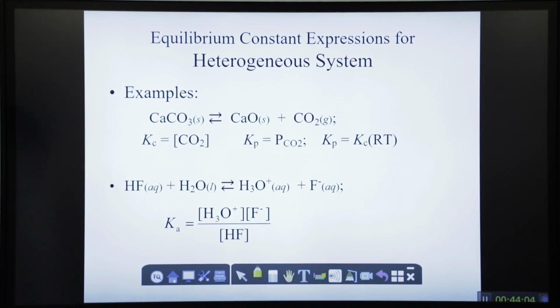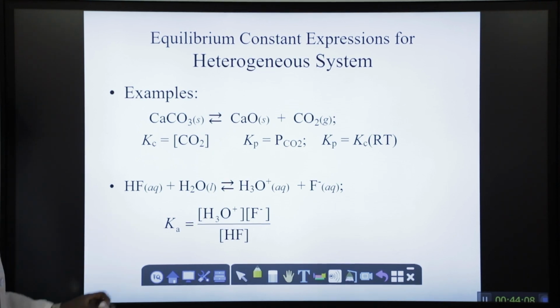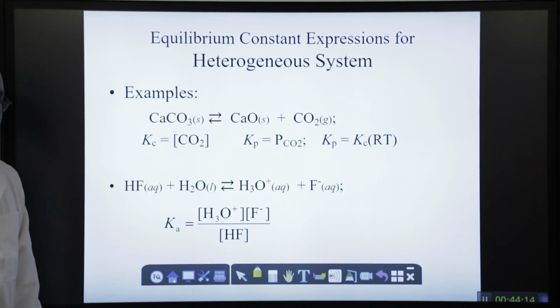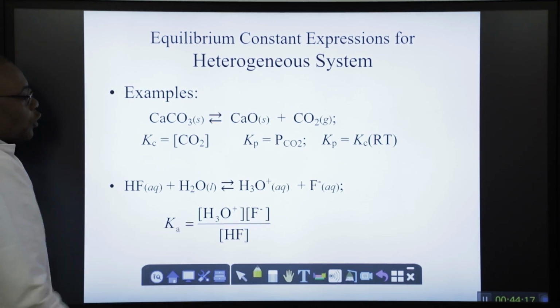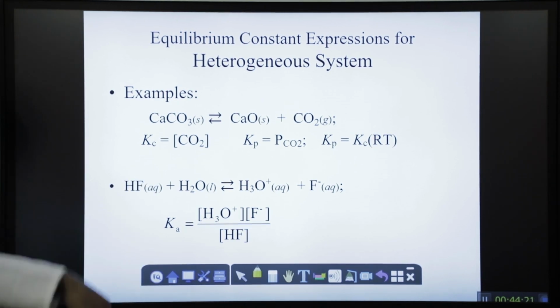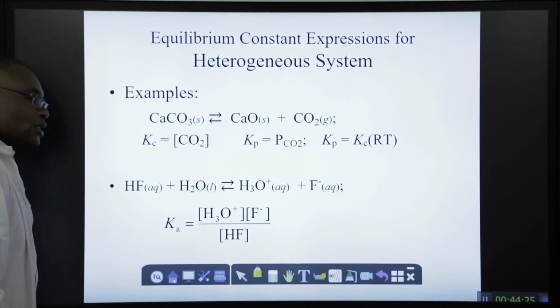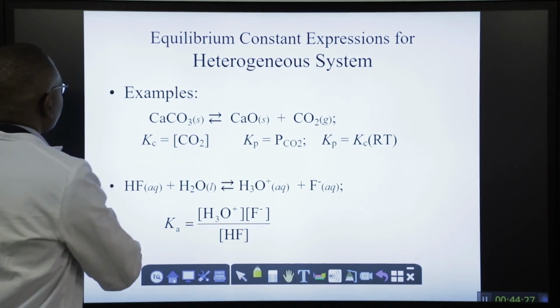It's constant. So this becomes Ka. Why Ka? Because A simply states acid dissociation. HF is an acid, and where you are supposed to express it as Kc, you can specify that this is a reaction involving an acid and express it as Ka.